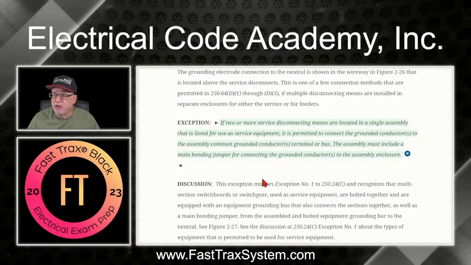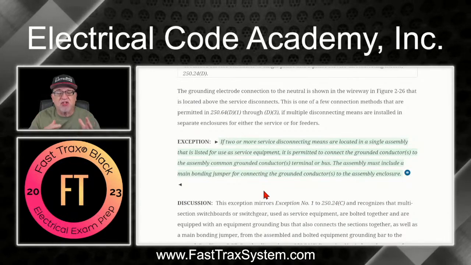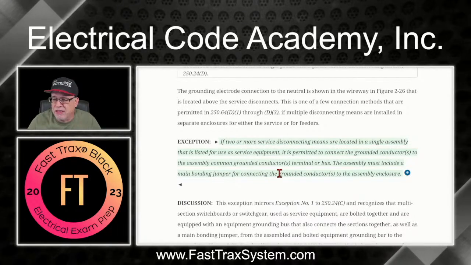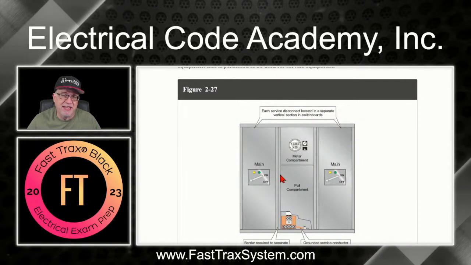Now, there is an exception that says, okay, well, what if I have two or more service disconnecting means in one single assembly, like switchgear or switchboards with vertical sections? Okay, so let's look at an example of that. Well, this is an example of that. So this would be an example of a switchboard, and these are separate vertical sections. Right?